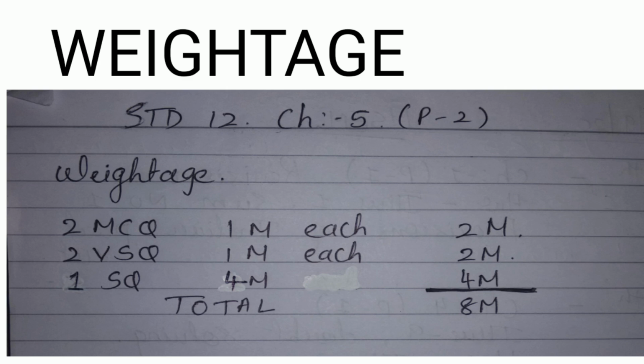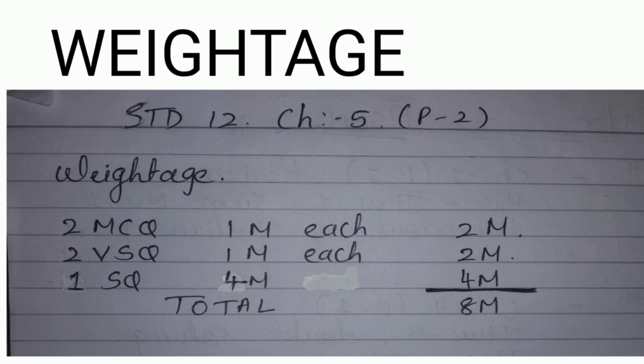And there will be 1 short question of 4 marks. You can also say there will be 2 questions in a question, each of 2 marks. Alright, so the total weightage of this chapter is 8 marks.